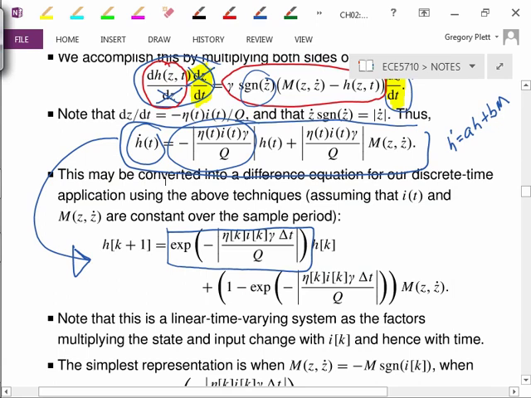So that gives us our discrete time hysteresis equations, and something that would have to be modeled in this would be what is m.